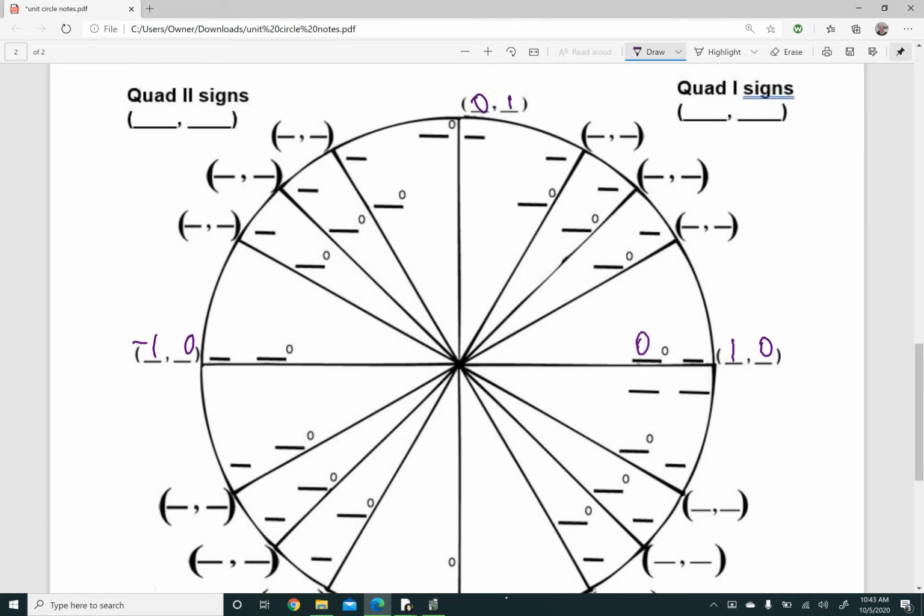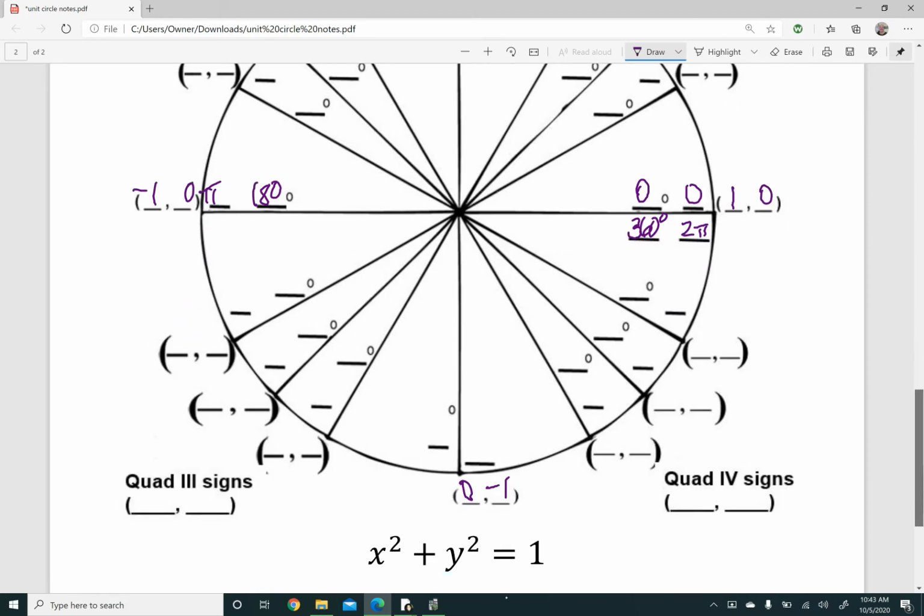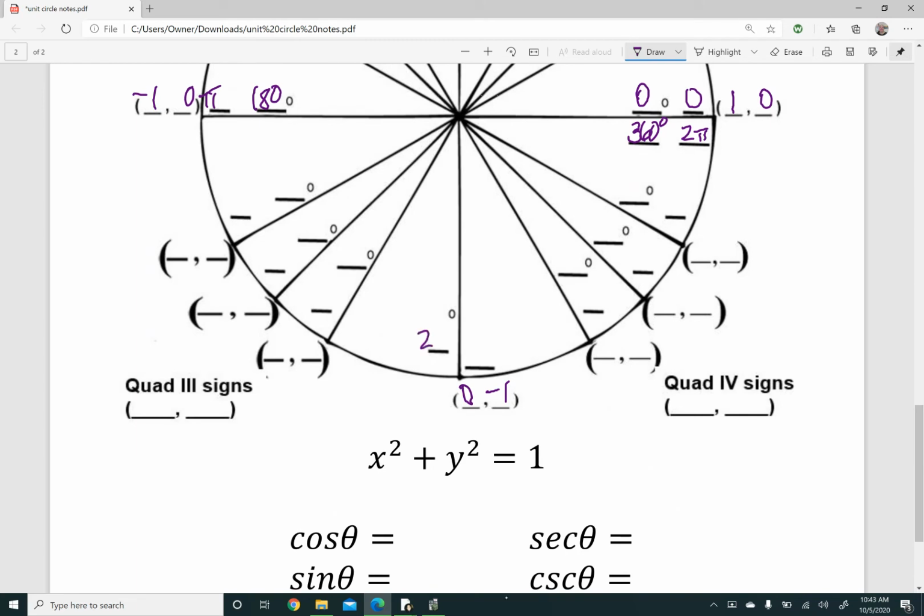When we start here, this is 0 degrees or 0 pi. When we get all the way around, this is 360 degrees or 2 pi. We already said that this is 180 degrees or pi. This is 90 degrees or pi over 2. And this is 270 degrees or 3 pi over 2. Okay?